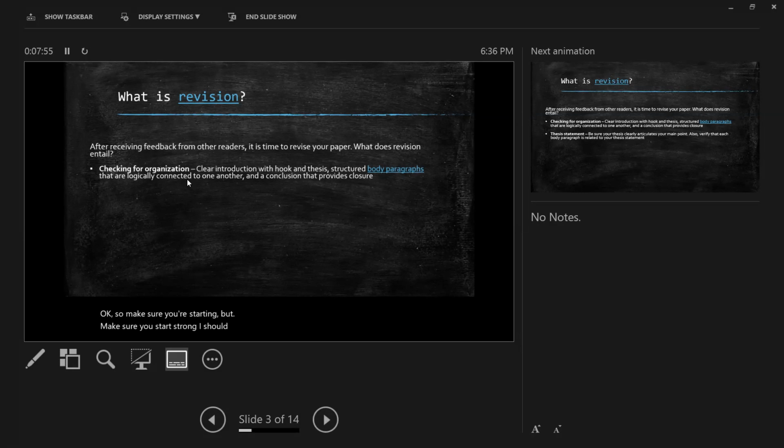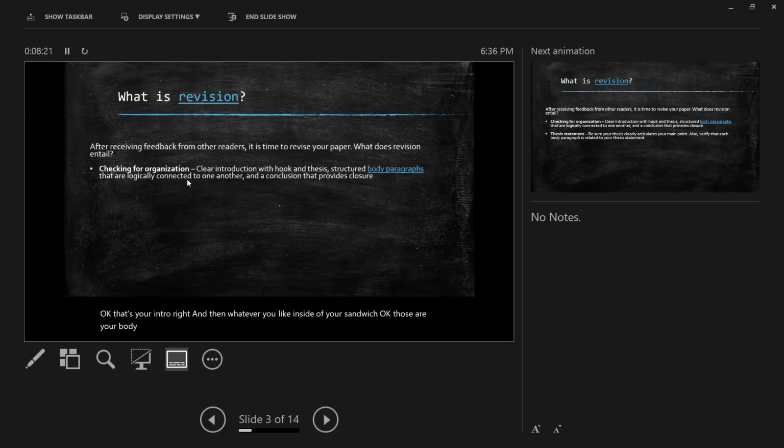But the main idea about organization. Here's another food reference. You can use the analogy of a sandwich to organize your paper. The top bun, or the top piece of bread, that's your intro. Then whatever you like inside of your sandwich, those are your body paragraphs.